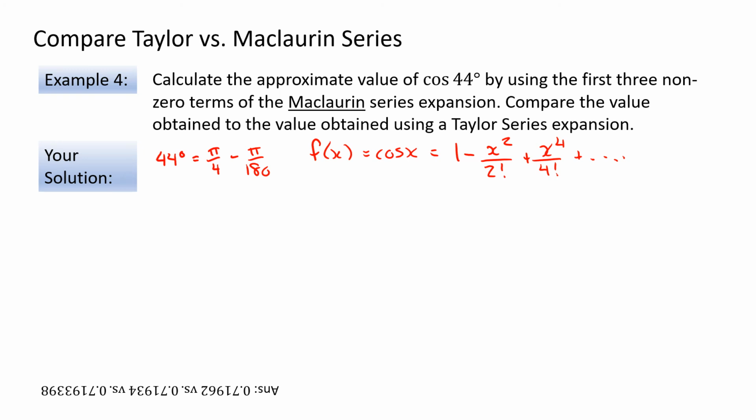We simply now have to substitute in our value for x. In this case, pi by 4 minus pi by 180. So if we do that, we get 1 minus (pi by 4 minus pi by 180) squared over 2 factorial, which is 2, plus (pi by 4 minus pi by 180) to the exponent 4, divided by 4 factorial, which is 24.